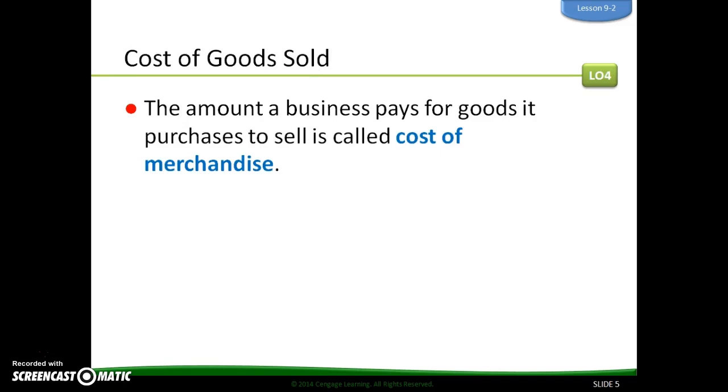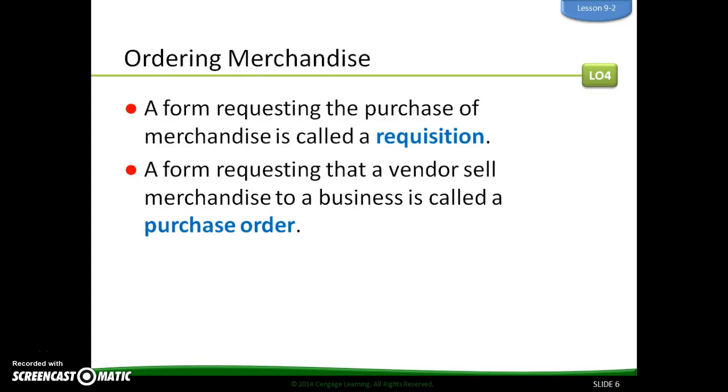All right, cost of goods sold. You want to make sure that you're aware that businesses keep track of the goods that they purchase to sell, and that they keep track of how much they pay for things as the cost of goods sold. Now, when merchandise is ordered, businesses frequently have a form that's called a requisition form.